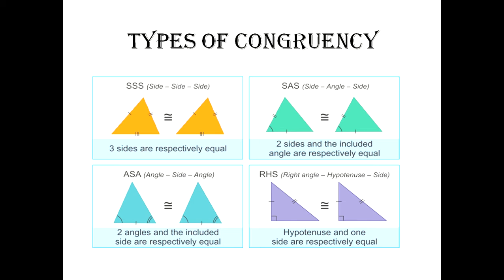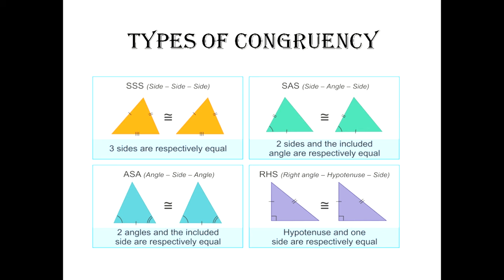So side is a way to prove that these two triangles are congruent. Now moving on to the next one, that is side angle side congruency, SAS. SAS we can also write as ASS or SSA. No matter where you put the A, the main thing is you must have two equal sides and one equal angle.